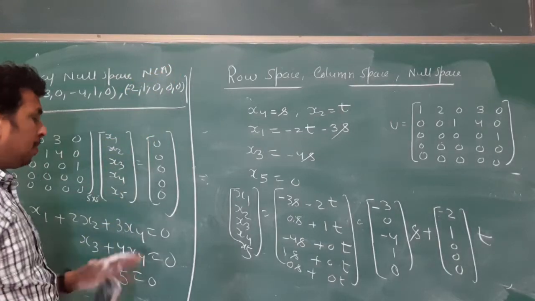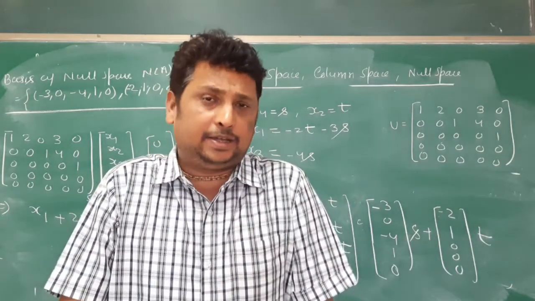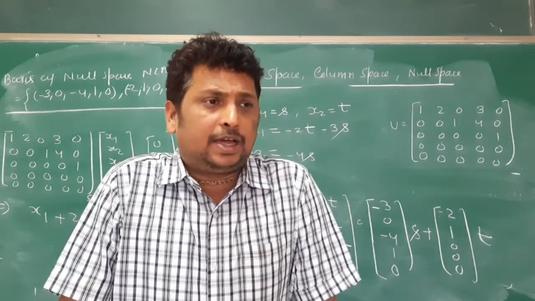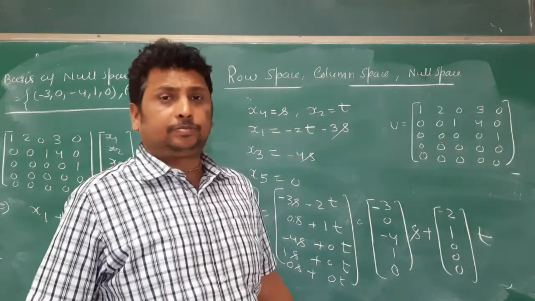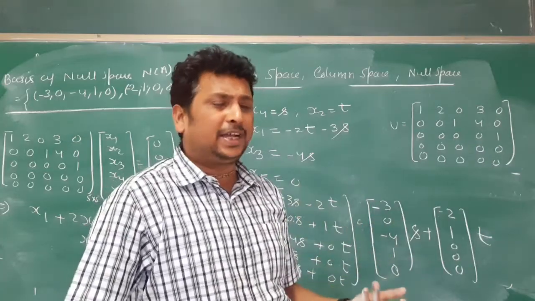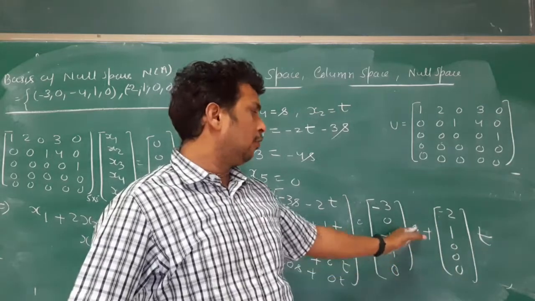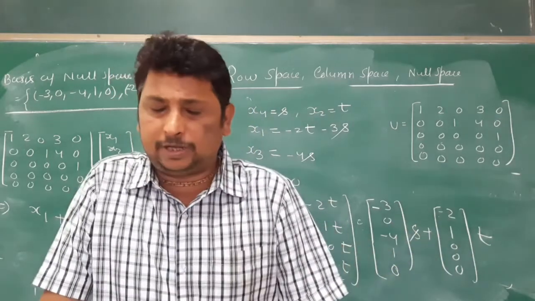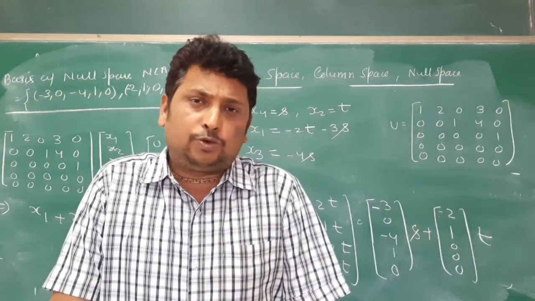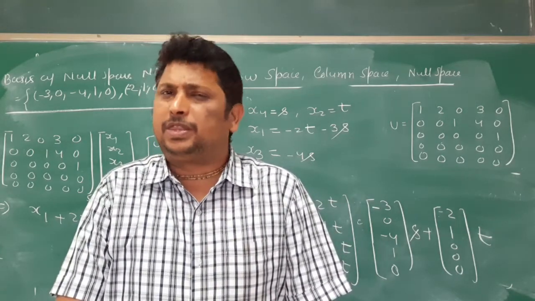So always, see how many equations there are and how many extra unknowns there are; if two more, take s and t. If only one more, then take only s and write in this way. Find all values in terms of s or t, or only s or only t, your choice. Once you have converted in this way, the corresponding coefficients give your space. That is called null space. Once you know the null space basis, you can easily write the dimension of null space, that is 2 here.